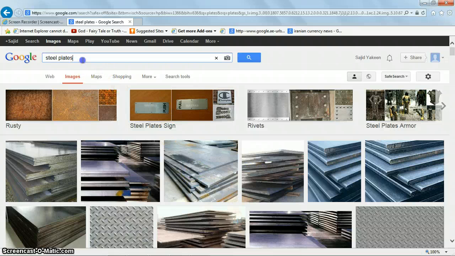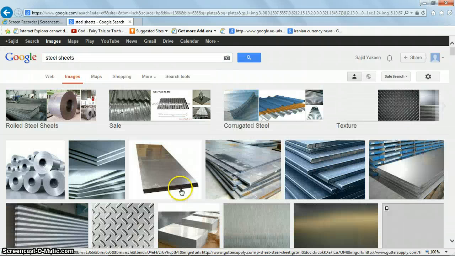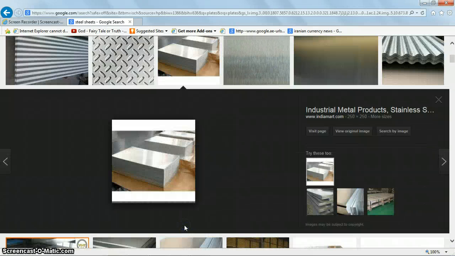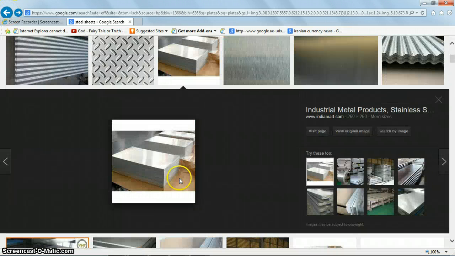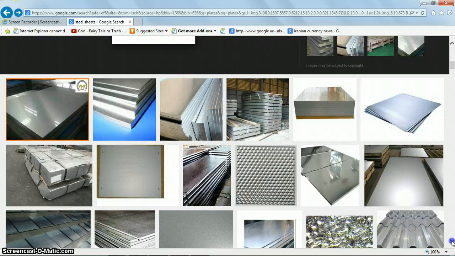Alright. Similarly, you can see the sheets. Sheets are something like this over here. These are the sheets. Now there are plenty of types of sheets. We are not going to go into details at all.